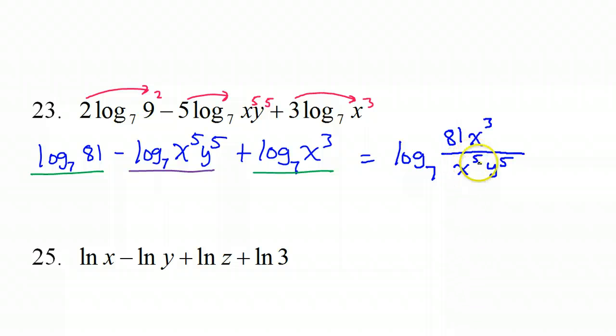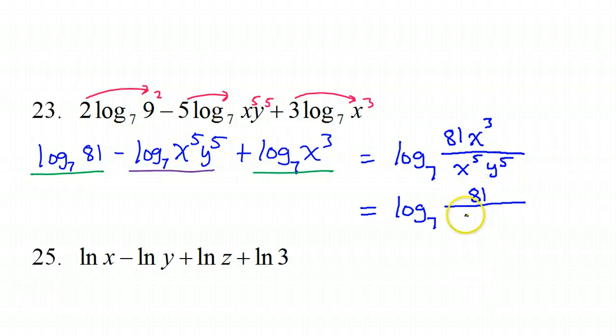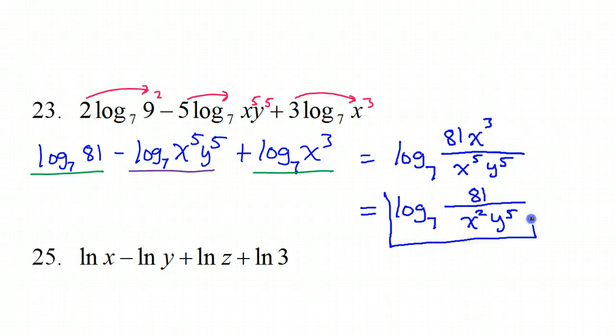So these 3 x's are going to cancel out 3 of these x's, so that's going to leave 2 x's in the denominator. So the final answer is going to be log base 7 of, in the numerator I'll just have 81, and this will be x squared y to the 5th. These 3 canceled out 3 of these and left 2 behind. Okay, so that would be your final answer for number 20.